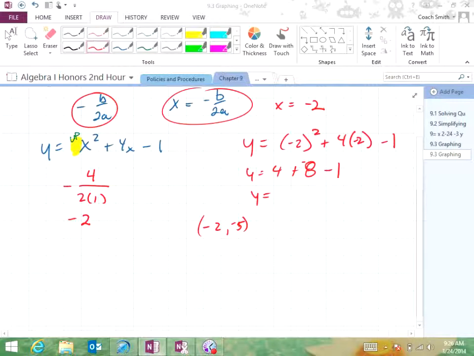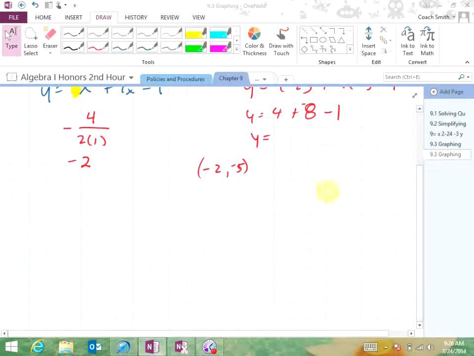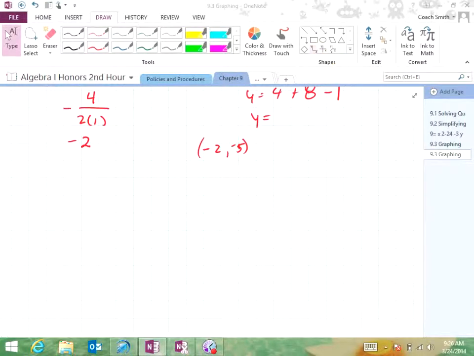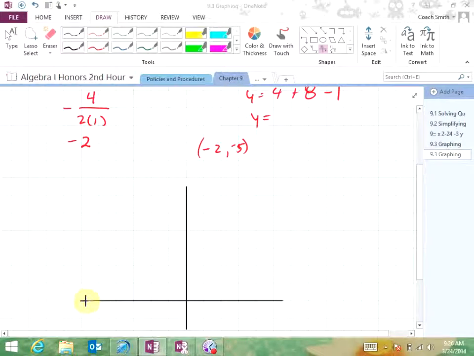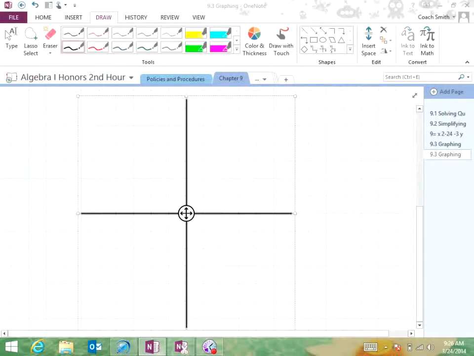All right, so then your vertex, what they're saying with the vertex is this. All right, so negative 2, and negative 5. 1, 2, 3, 4, 5. Okay, so there's your point.